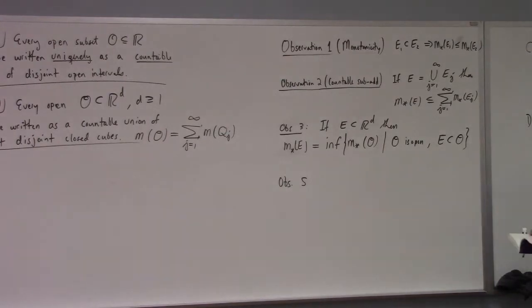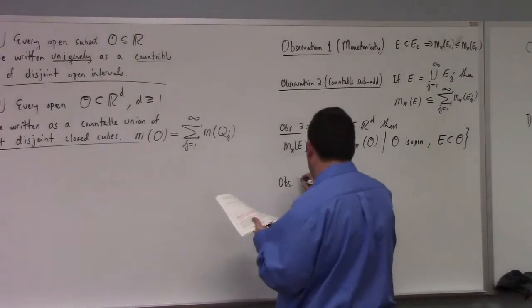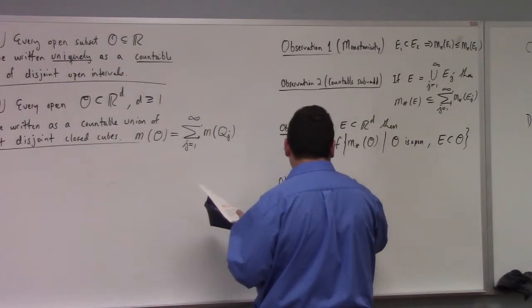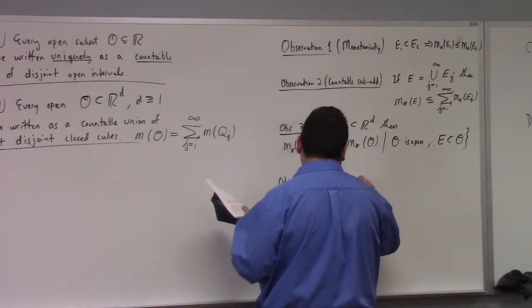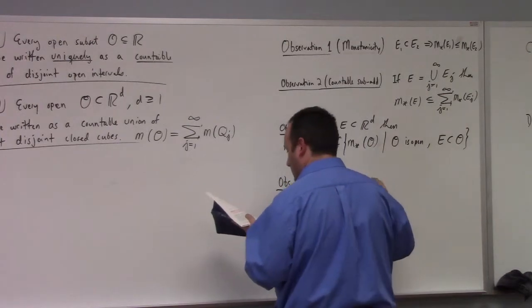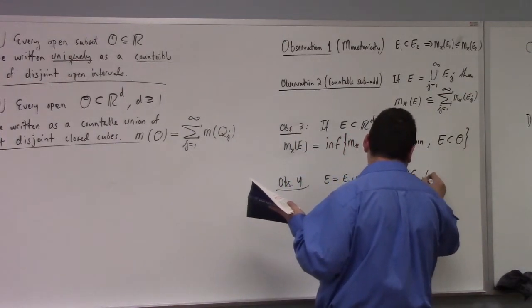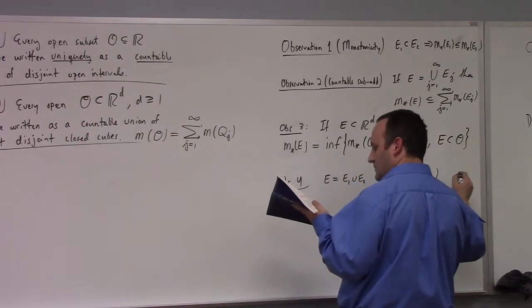Observation 4 says that if E is E1 union E2, and the distance from E1, what's the distance between sets? What does that mean?